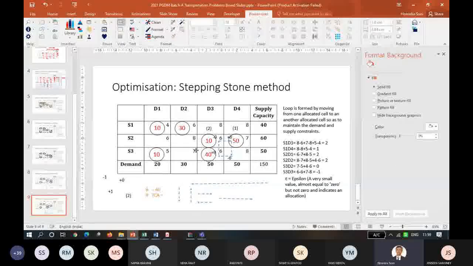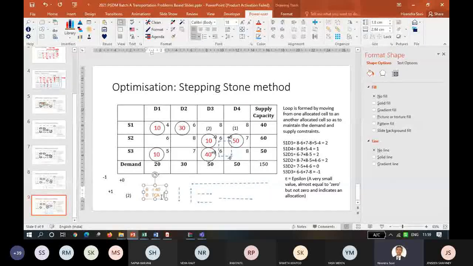If I start from here, it would be 10 into 4 plus 30 into 6 plus 10 into 6 plus 50 into 7 plus 10 into 5 plus 40 into 6. Correct? How much are we getting?